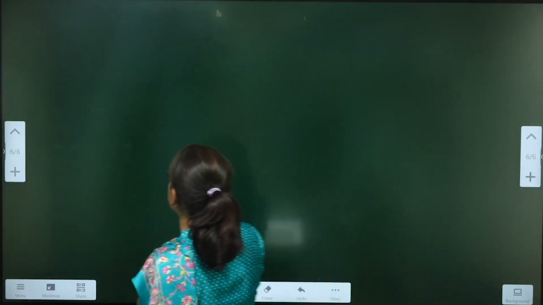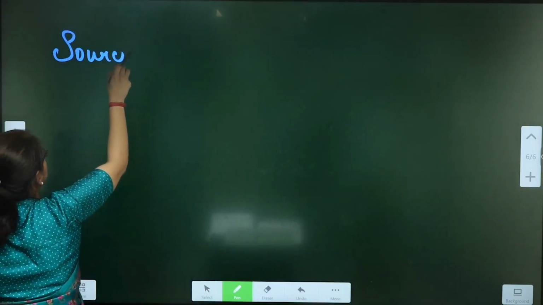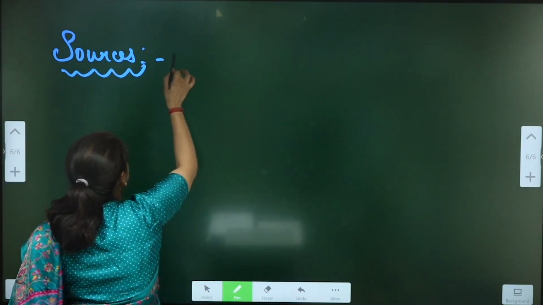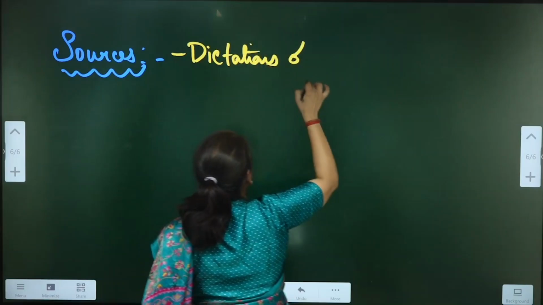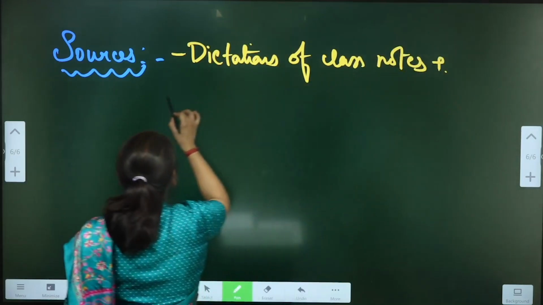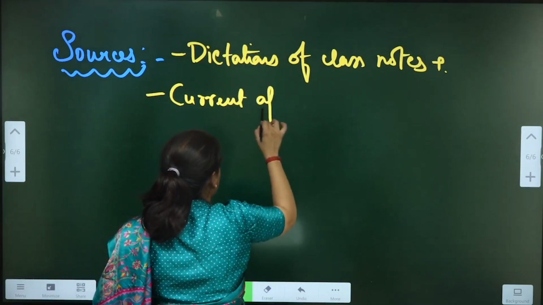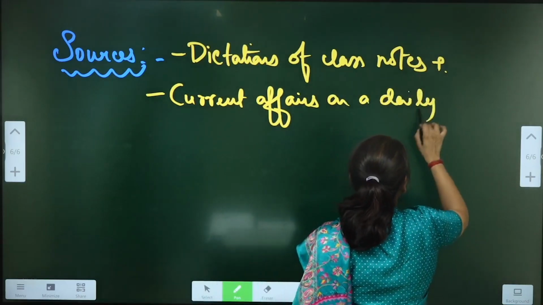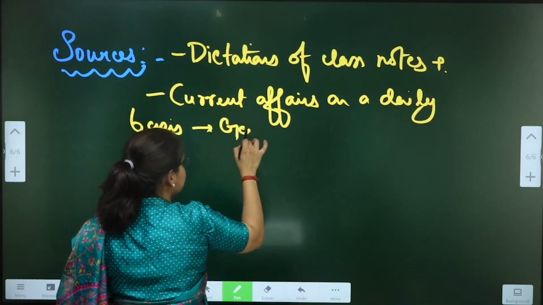So sources should remain restricted. So sources would remain the dictations of class notes. Along with that, we are giving you current affairs on a daily basis on the Geography Optional Telegram channel.